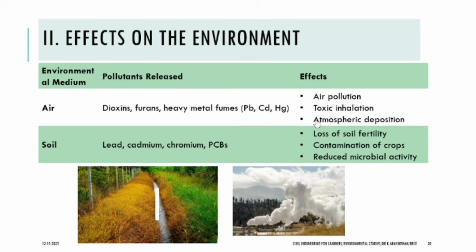This drainage will contaminate the soil, wherever it goes along its path. So the soil gets contaminated, and at the other parts, the non-contaminated soil will be very rich. So this is an example that lead, cadmium and chromium from PCBs, whenever dumped in the soil, contaminate the soil, so the plants and living organisms will get contaminated. You can compare this with the other place. Loss of fertility and contamination of crops will occur.